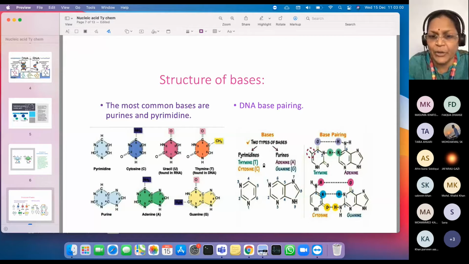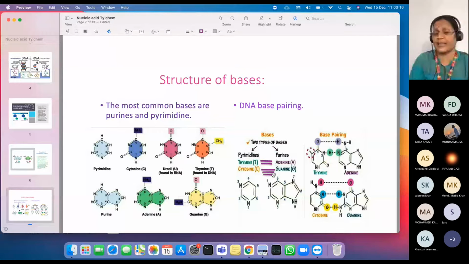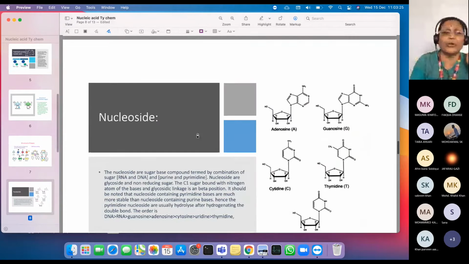Let me see, am I able to do it? So here we can have 2 bonds between thymine and adenine, whereas between cytosine and guanine we will have 3 hydrogen bonds. I can put dot dot dot to show the weak force of attraction, but here we can have 3 bonds and there 2 bonds, because we are going to use this when we do the structure part.